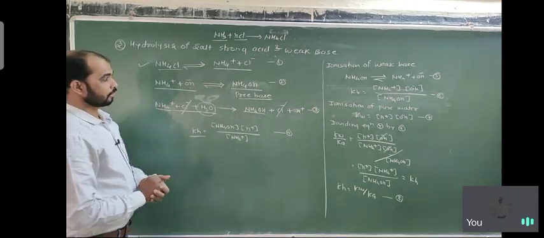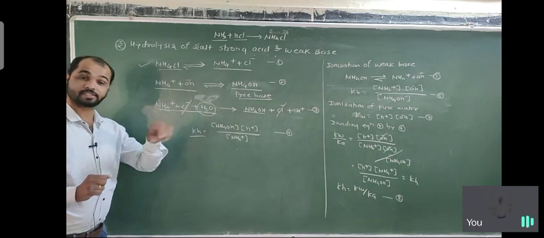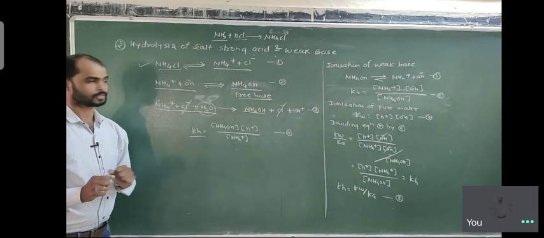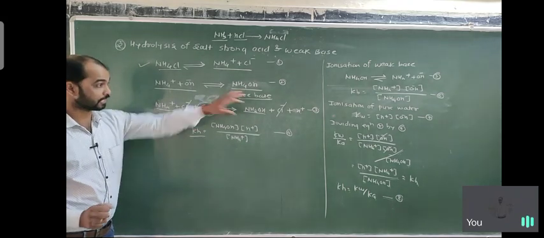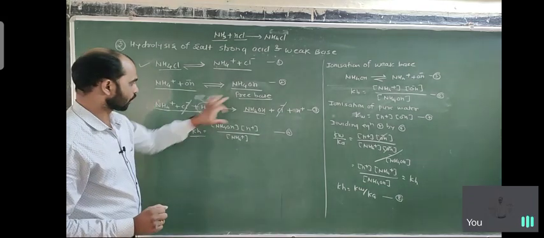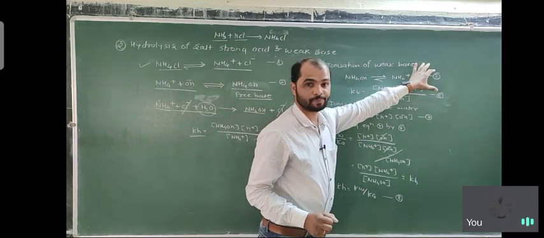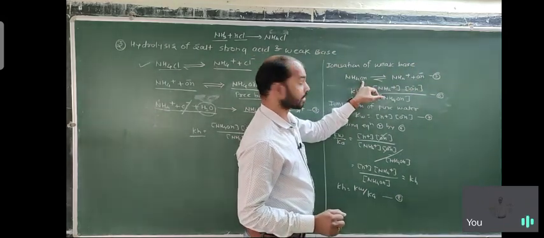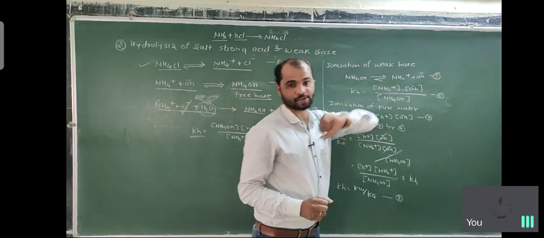Then what happened during this? Slightly some water dissociates, as well as some free base is produced. It is possible that the free base also dissociates, so we are going to consider this dissociation here. When ionization of a weak base takes place, NH4OH ionizes as NH4 plus and OH minus. It is equation number 5.